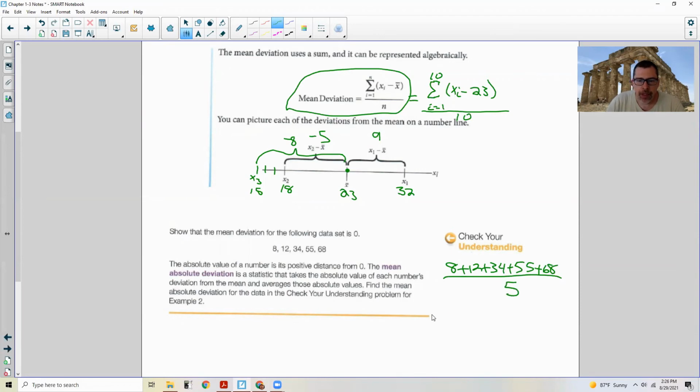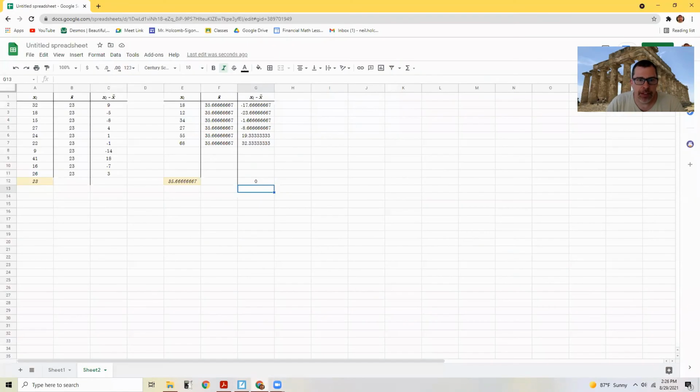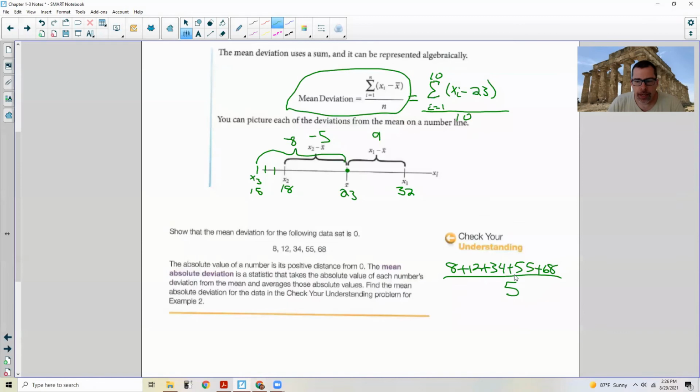All right. And that would give you your mean, which we already did in the table. I'm not going to take time to do that. It comes out to be 35 2/3. All right. And then you're going to subtract that mean from each of these and take their sum. And that came out to be 0.